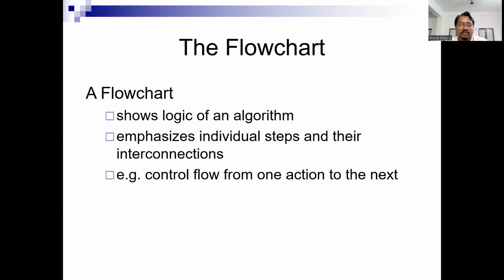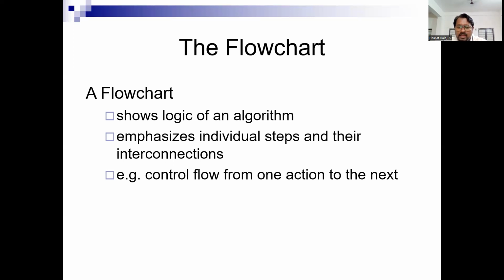The flowchart shows the logical form of an algorithm, and it is easier to understand than the algorithm. With an algorithm you have to read the statements, but here it shows a diagrammatical view of the algorithm.